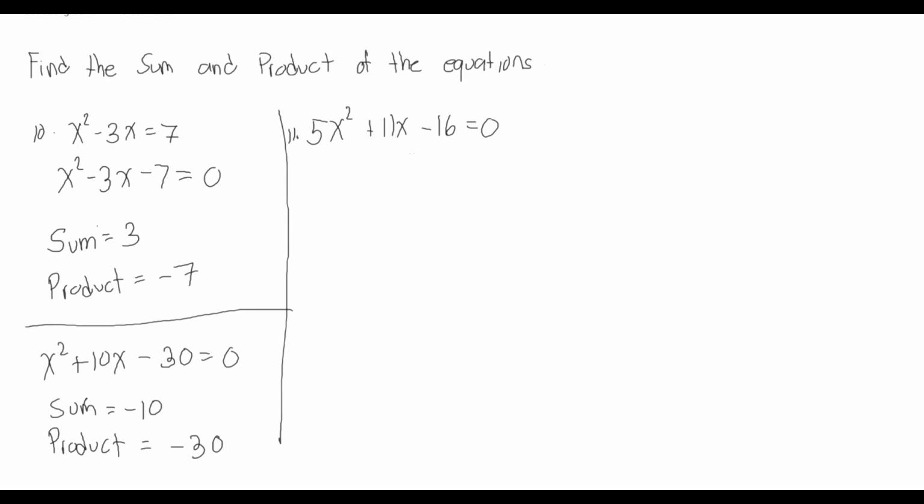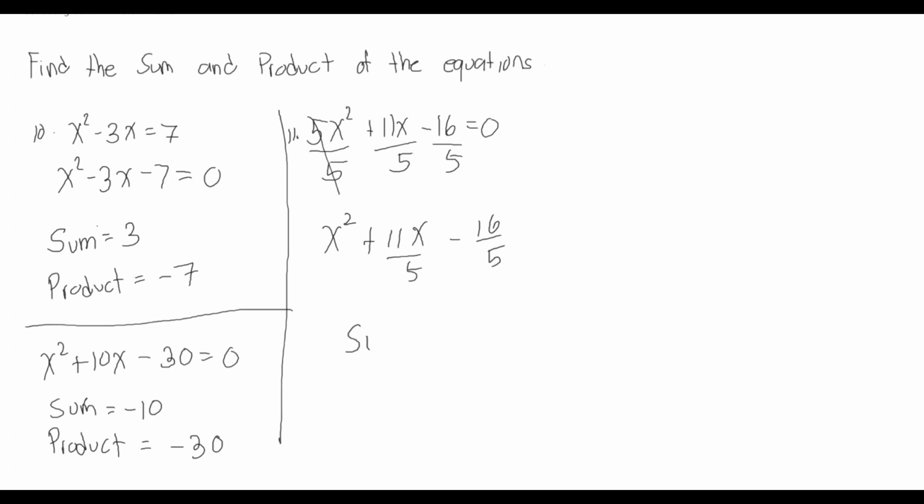We have to eliminate your coefficient of your first term by dividing all the terms by 5 para makancel yan, so that x squared na lang siya. Plus, it doesn't matter kahit di mo siya masimplify, you have your middle term is 11x over 5 and your last term will be negative 16 over 5.